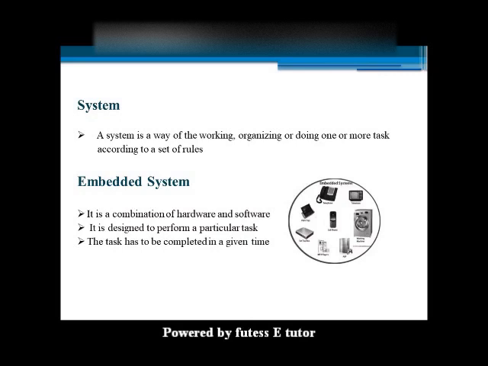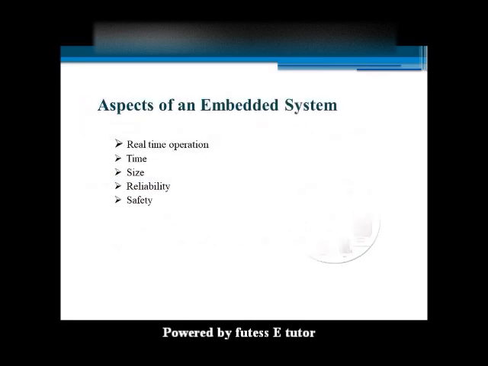Embedded systems are found in a variety of common electronic devices such as consumer electronics, office automation, home appliances, business equipment, automobiles, etc. The main aspects of an embedded system are real-time operation, time, size, reliability, and safety.